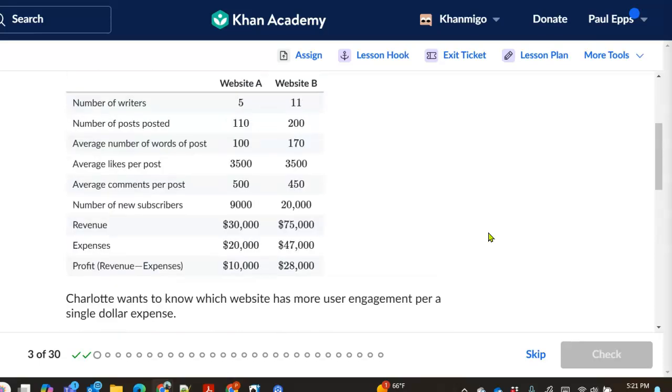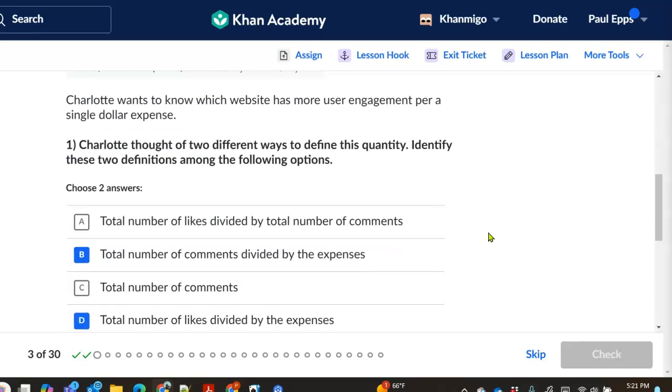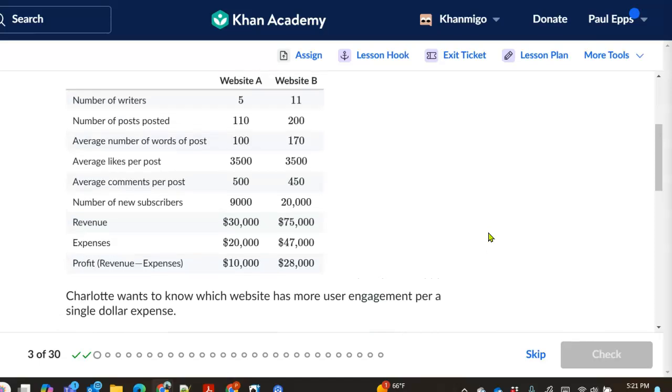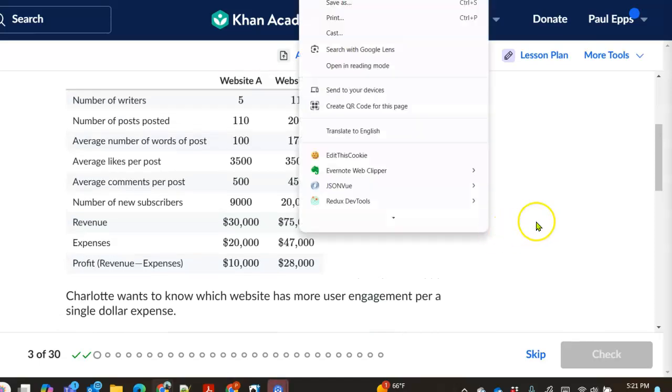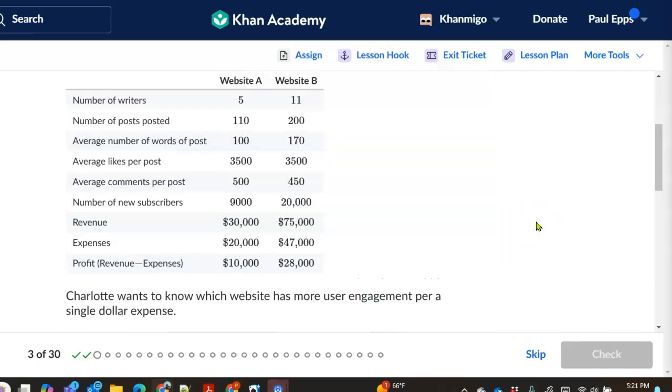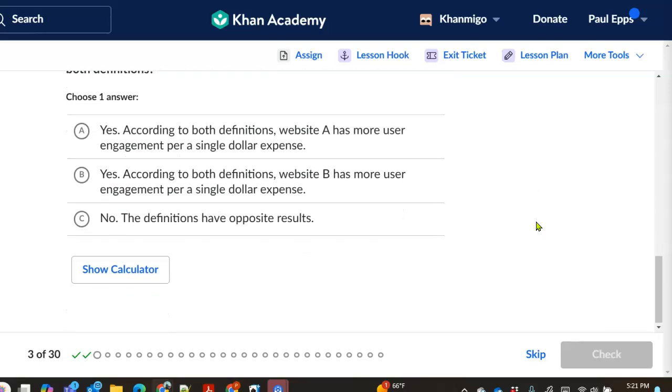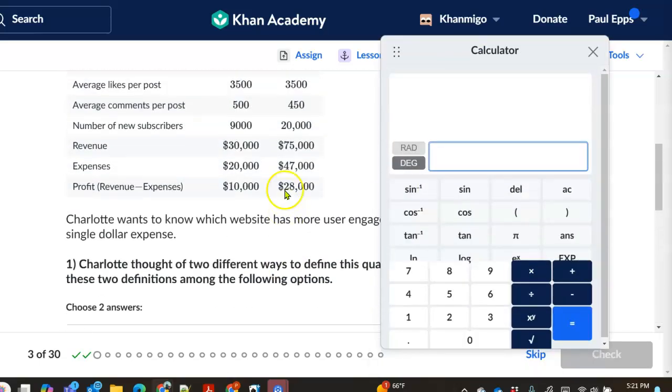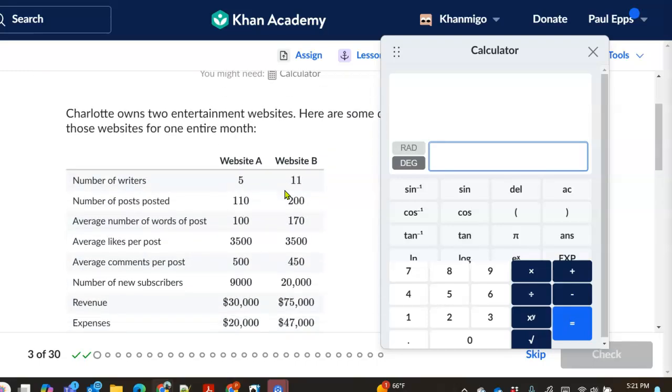Oh, which website? Okay. Total number, let's start with comments. Total number of comments. Did we get a calculator on this? Okay. Total number of comments divided by expenses.